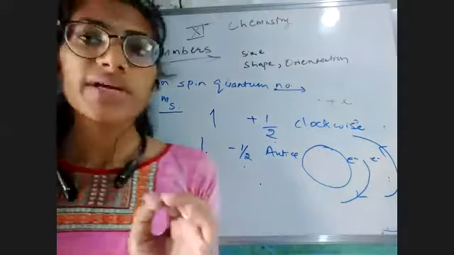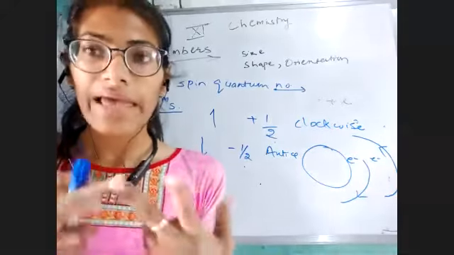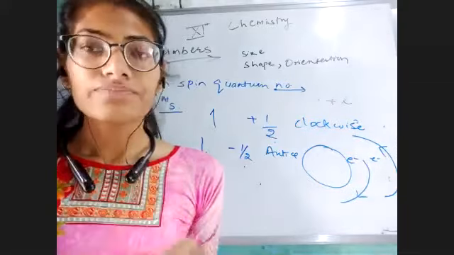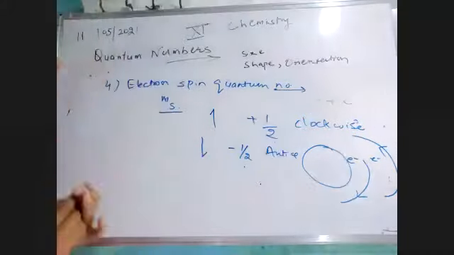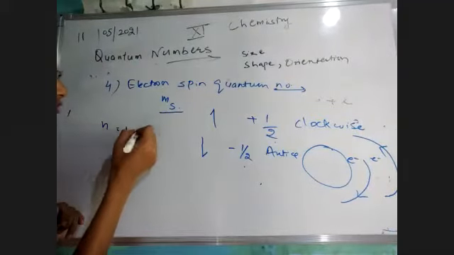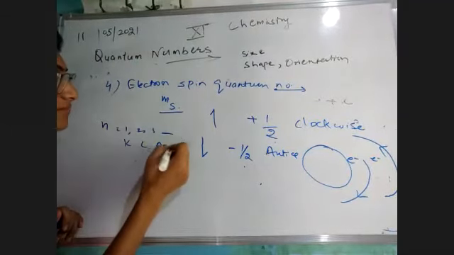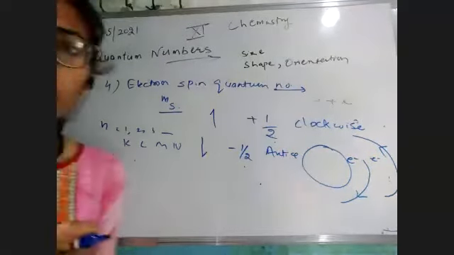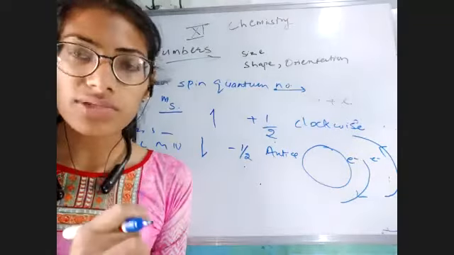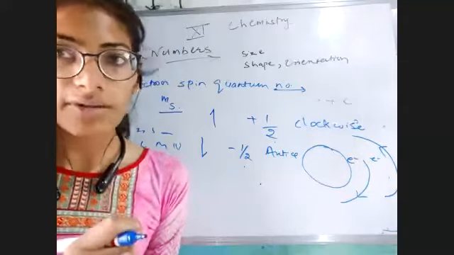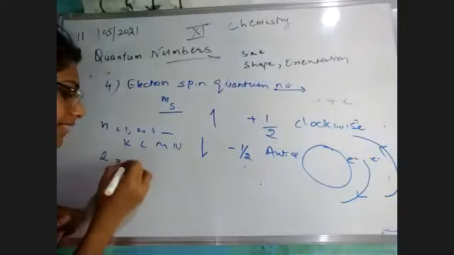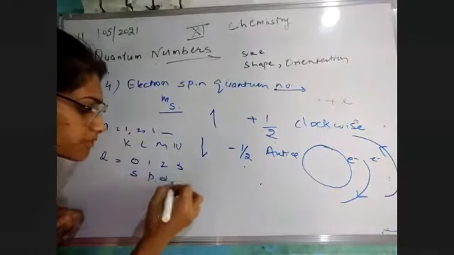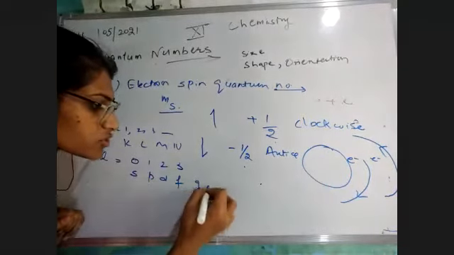Let me recapitulate. We have studied n, l, ml, and finally ms. The first, n, represented the principal quantum number, which gave us the values 1, 2, 3, and the shells K, L, M, N. Second, we have l, which represented the azimuthal quantum number or subsidiary quantum number, represented as 0, 1, 2, 3, that is, s, p, d, f, g, and so on.